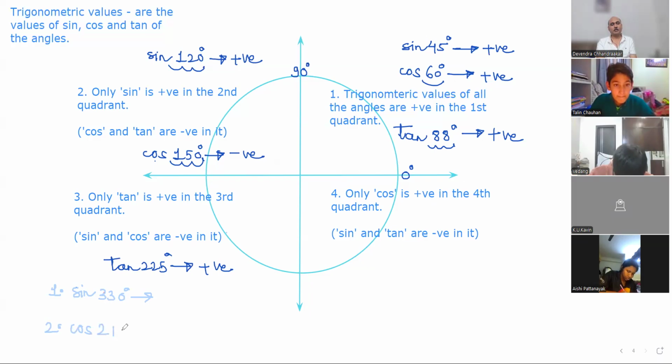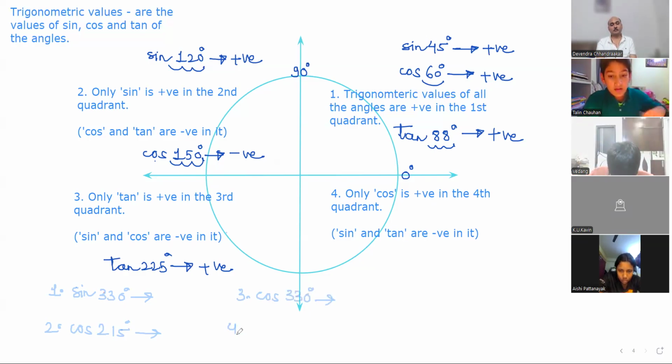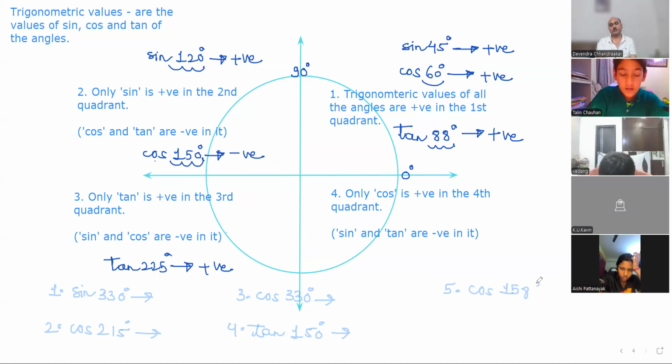Cos 215 degrees, cos 330 degrees, tan 150 degrees, cos 158 degrees, sine 223 degrees. Please write in sequence only.